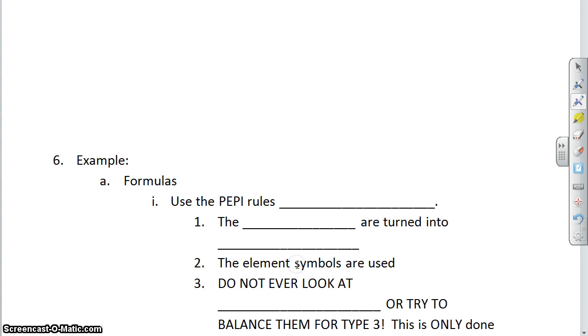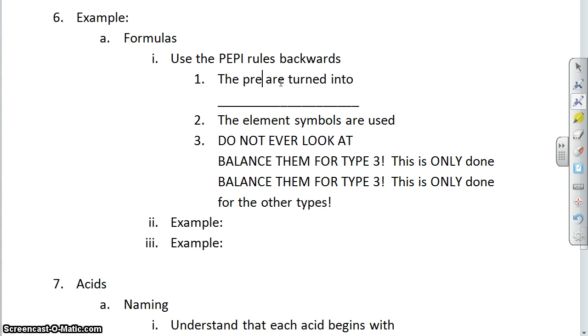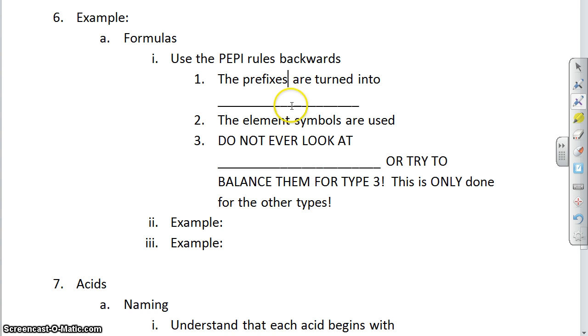Now if we're going the other way, in other words, if we have the formula already, then we want to write the name. So we're going to do exactly the same thing, only backwards. We're going to use the PEPI rules backwards. Instead of turning the subscripts into prefixes, the prefixes are turned into subscripts.